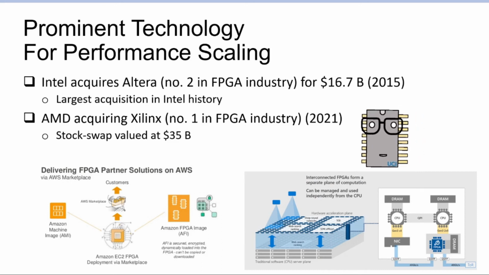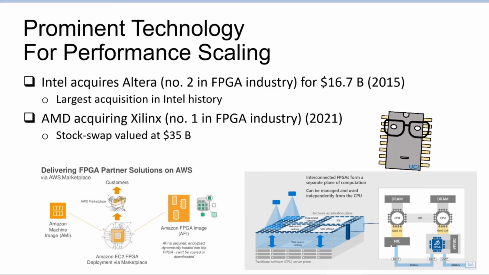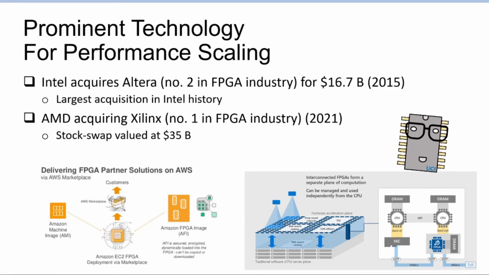Comparing the ASIC approach of Google with the TPU to the FPGA approach of Microsoft is kind of interesting, because Microsoft at least claims that they are able to get ASIC levels or even higher levels of performance and power efficiency by optimizing the underlying computation fabric and dynamically reconfiguring it for the individual models that they're running.